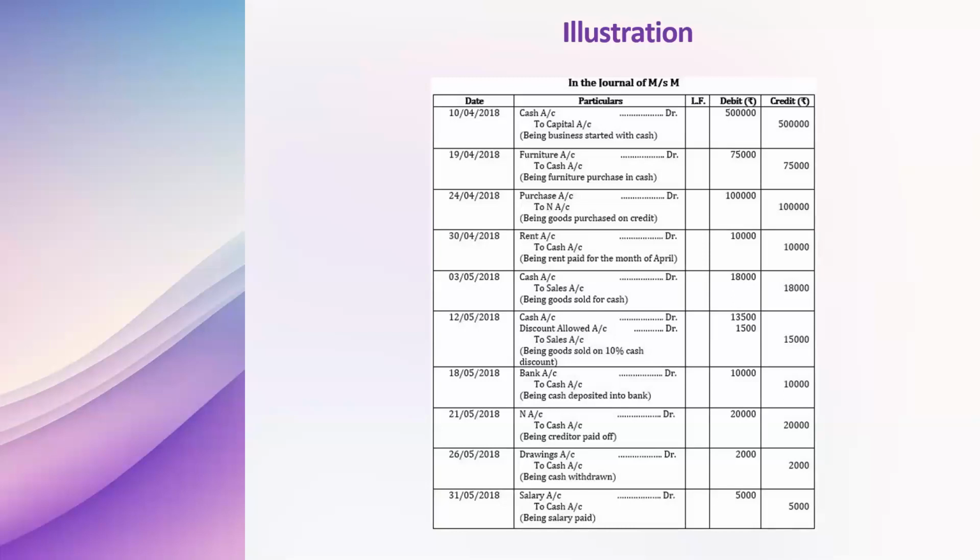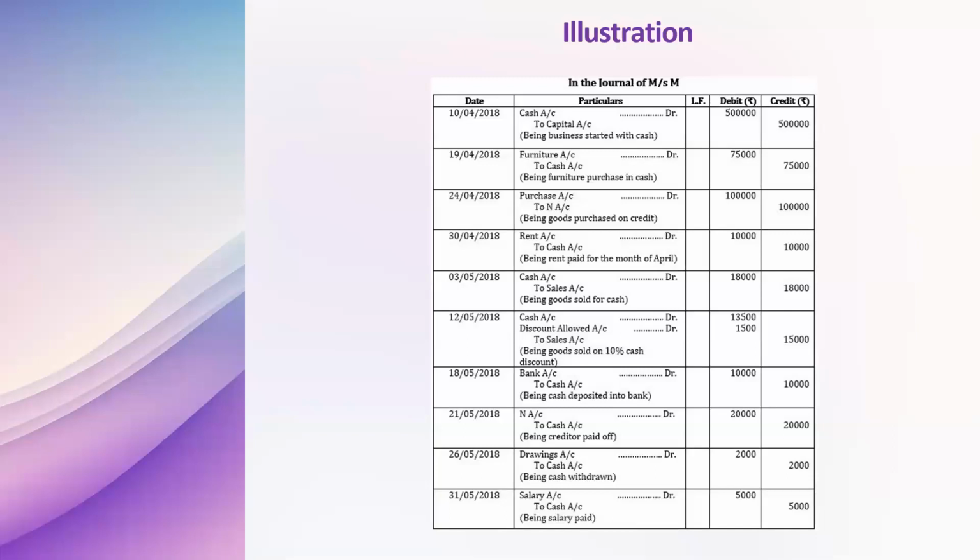Now try this one. Bought computers, 20,000. Purchase debit, and credit will be the company that we purchased from, like account payable. Here they haven't mentioned any company.